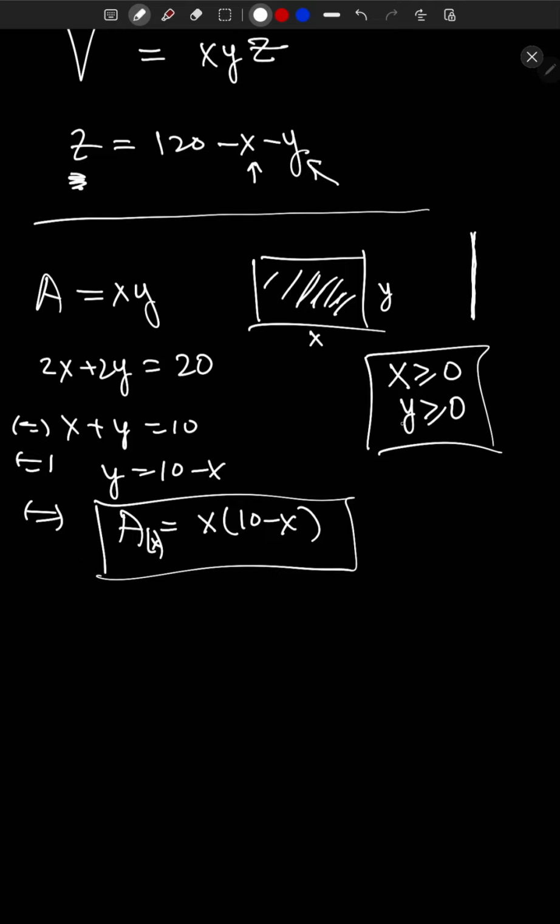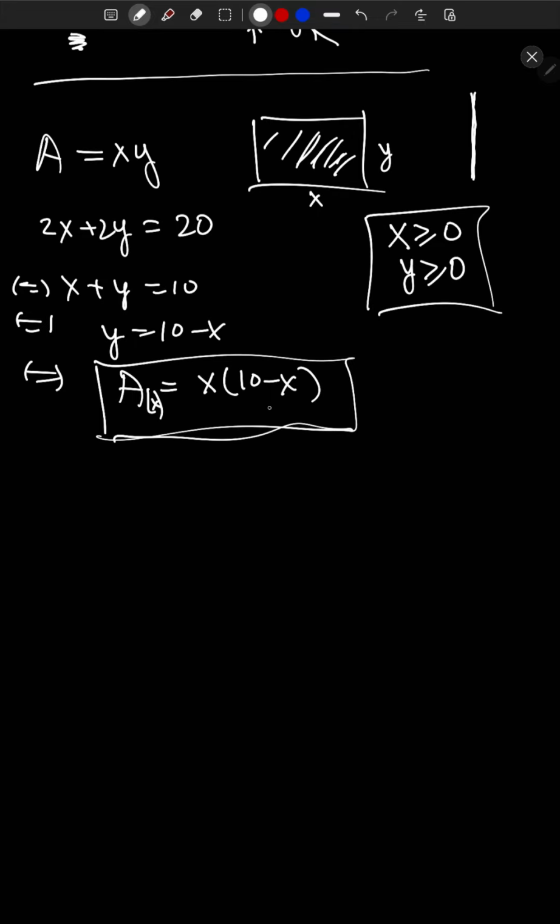For my one variable problem, I have a function, but I need to know what range of x I'm interested in. Well, I know I want x bigger than or equal to 0, it literally says right there. But I also have a range on the other side, because y bigger than or equal to 0 tells me what?